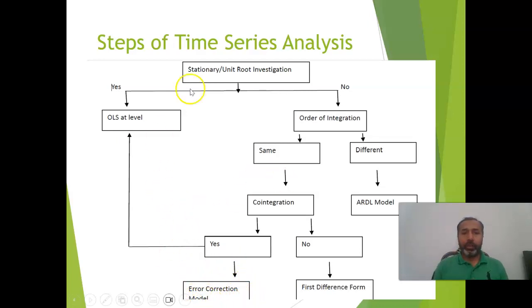Now, starting from step 1, we shall see in the next slides what we mean by a stationary series, and how the stationarity test is run in EViews and how it is interpreted.